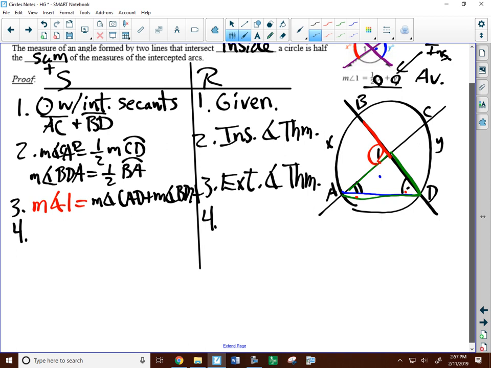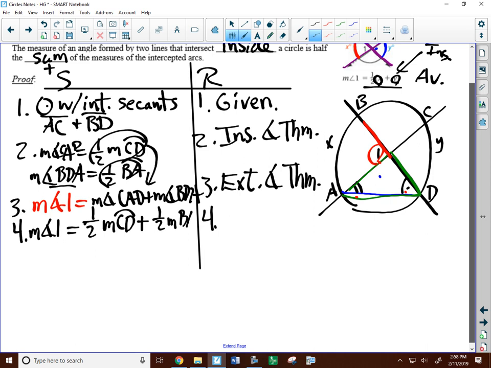And hopefully you can see where we're going with this. I can now plug these in. So I'm just taking equation 3, plugging in CAD, which is half the measure of arc CD, just a little substitution, plus BDA, which is half the measure of arc BA.